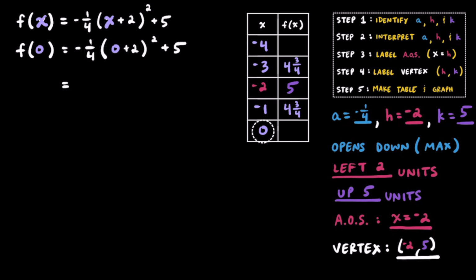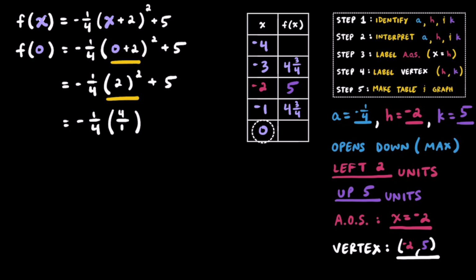Substituting in 0 for x, let's find out the y value. So based on the order of operations, we'll do the parentheses first. So we have this -1/4 on the outside. 0 plus 2 is going to be 2, so we have 2 squared, then this plus 5. We're going to do the exponent next, and that's going to be 2 times 2, which is going to be 4. So I'll write that as 4/1, just so it's easier when we multiply the fractions in just a moment.